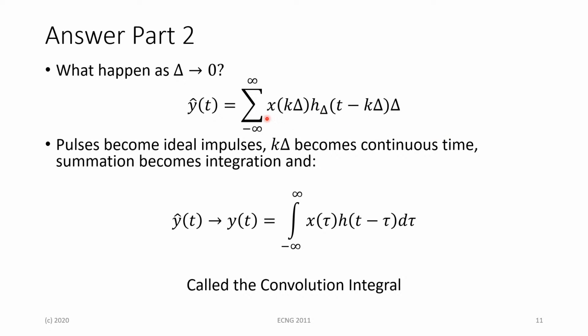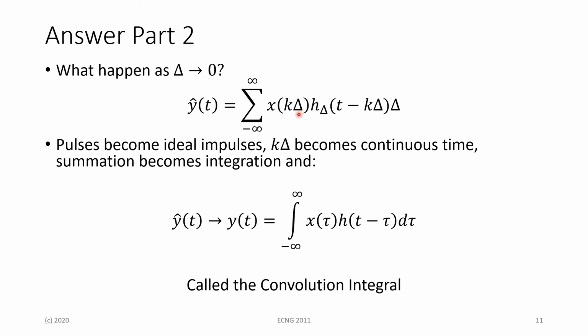Now, in order to go from this equation, which is our real world signal equation, to our actual continuous time equations, we have to apply the limit as the width of the rectangles approaches 0, moving towards our ideal unit impulses. In applying this limit as delta tends towards 0, all of these signals change accordingly.